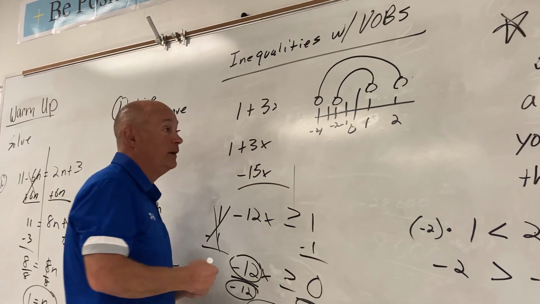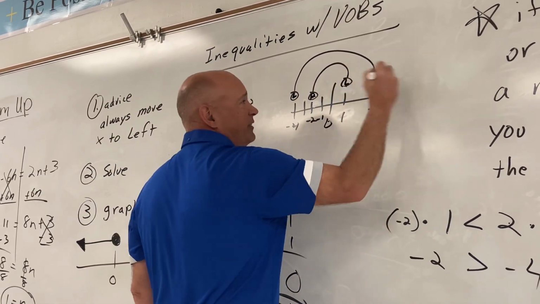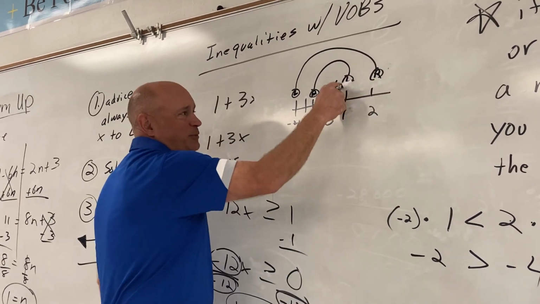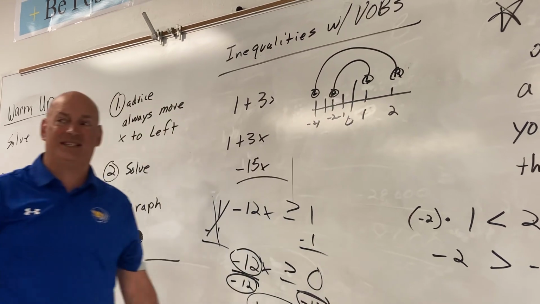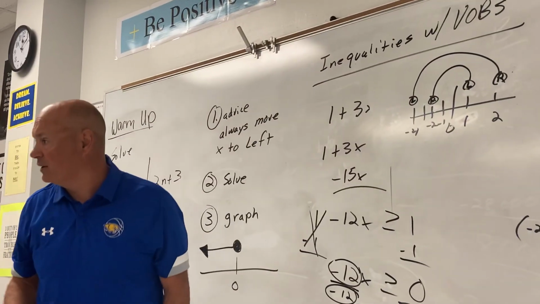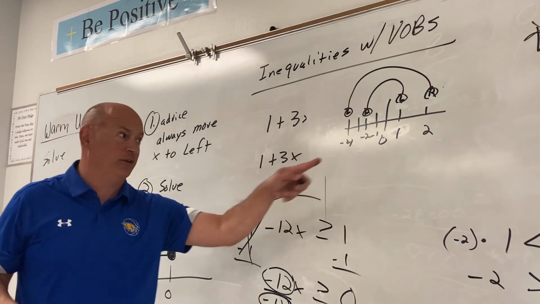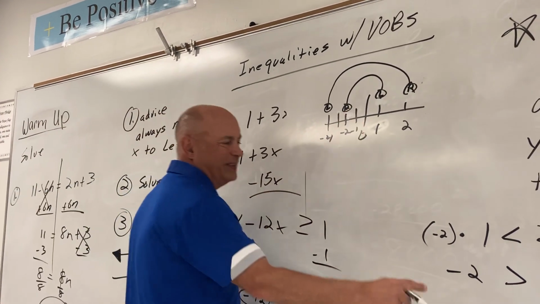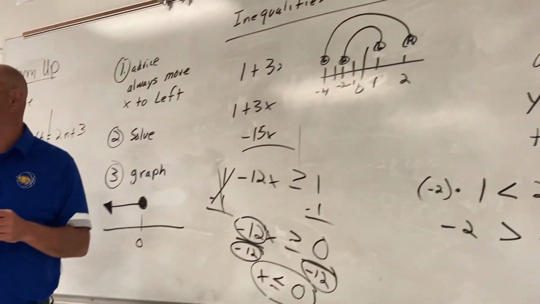Left, right. The one that was smaller over here, when I move it over here, is now to the right of it. That means it is now bigger than the one on the left. For you people that never learned the number line in 3rd grade. So that happens every time you multiply or divide by a negative.